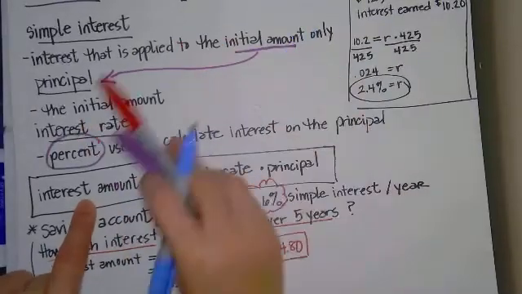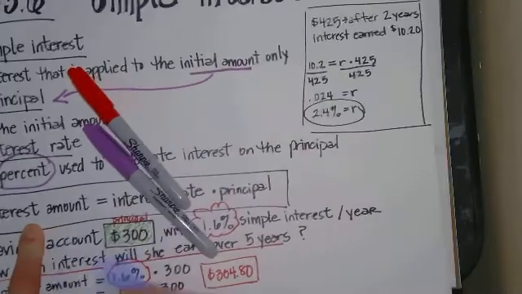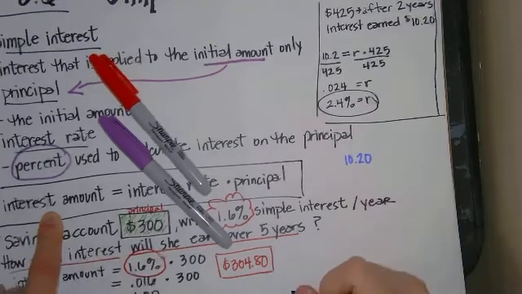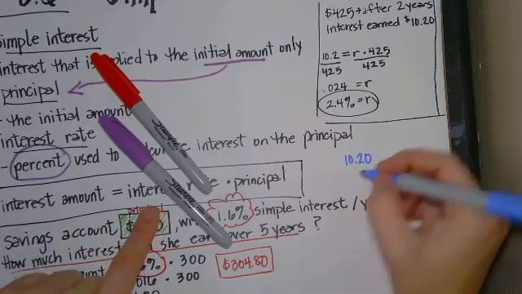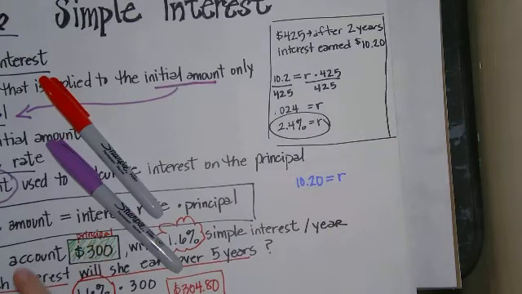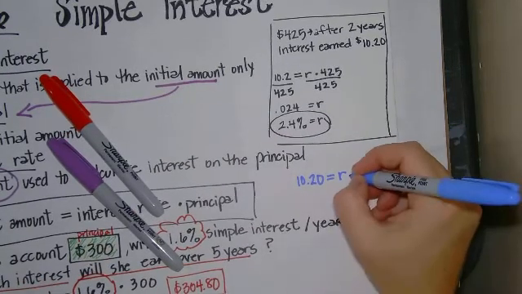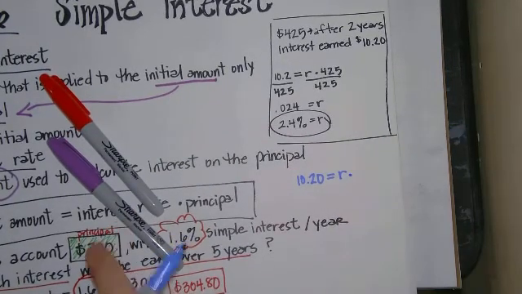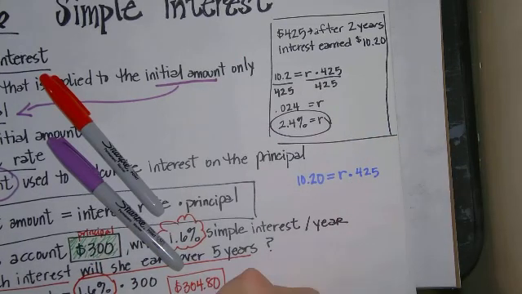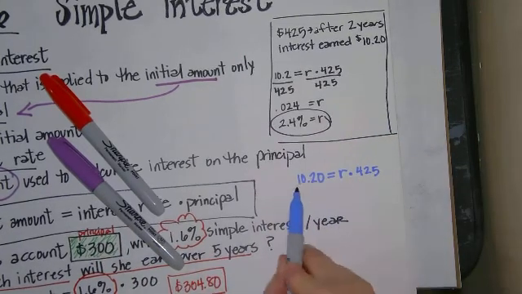We're going to use the same idea here. The interest amount is our $10.20. The interest rate is what we don't know. That's what we're trying to find out, so let's use a letter for that variable. And we do know our principal amount, the amount we put into the bank at that time, was $425.